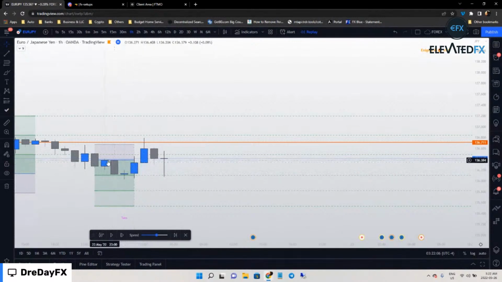If it takes you out, it takes you out, or if it continues in the direction that you want, that's even better. Okay, but on this part here it went to your break even price and went to the stop loss here if you put your stop loss right there.